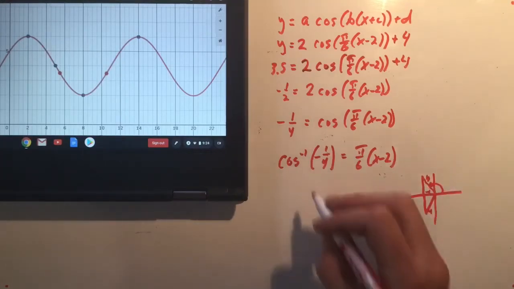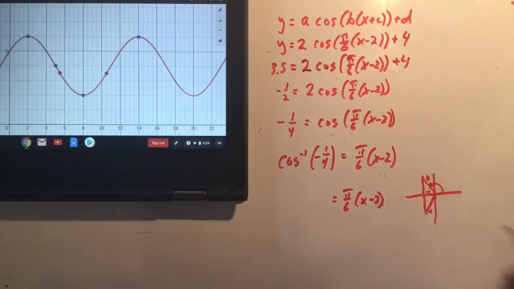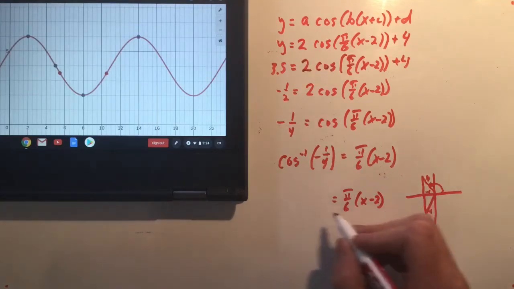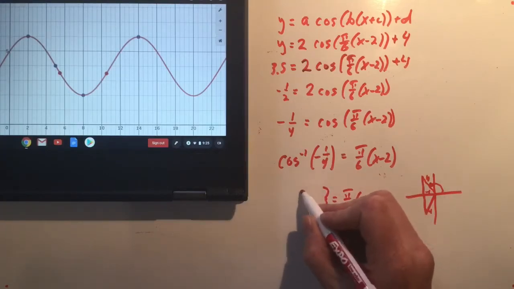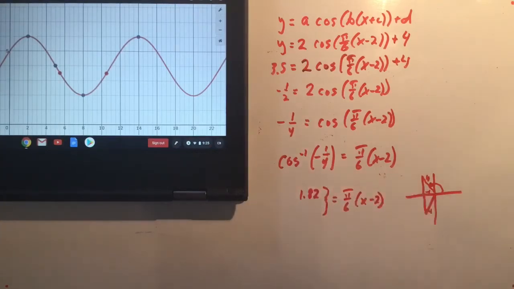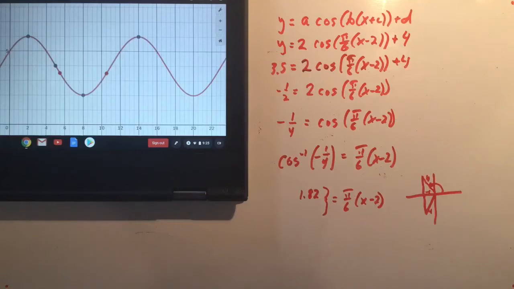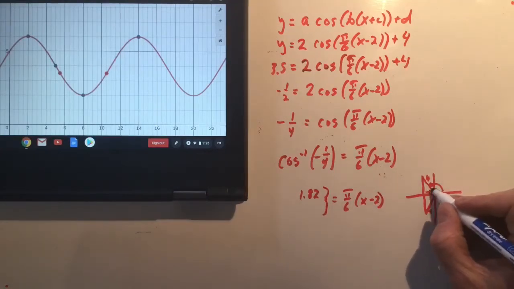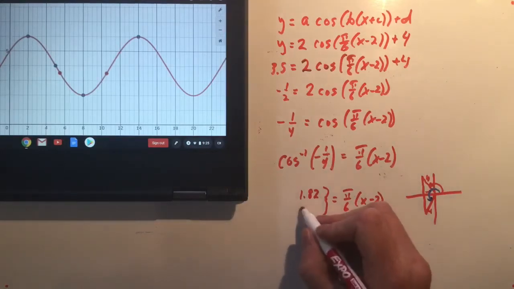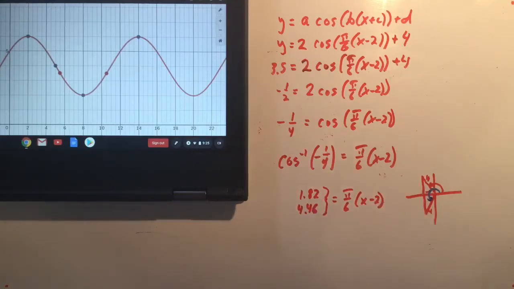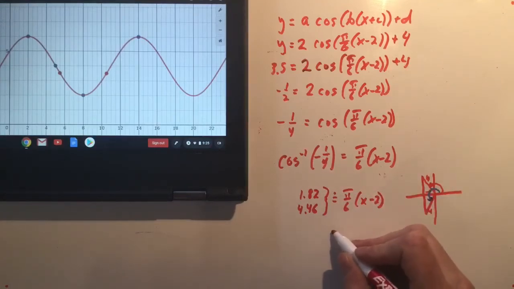And so now I can go to my calculator, set in radians mode, and it's going to tell me this first angle is, let's see, 1.82, and then taking that 1.82 and subtracting it from 2 pi is how I'm going to get this third quadrant angle. And so when I do 2 pi minus 1.82, I get 4.46.